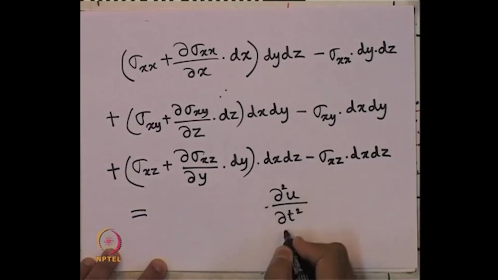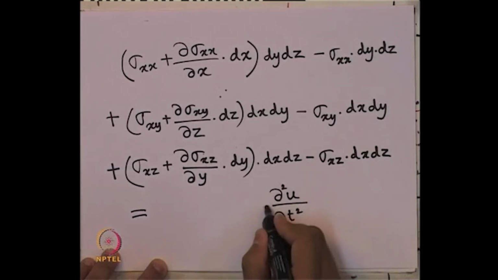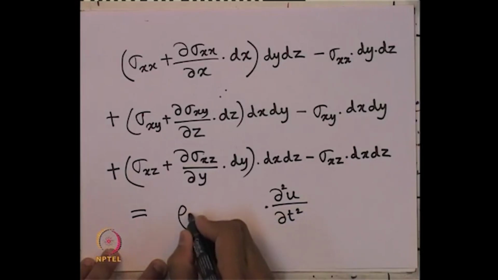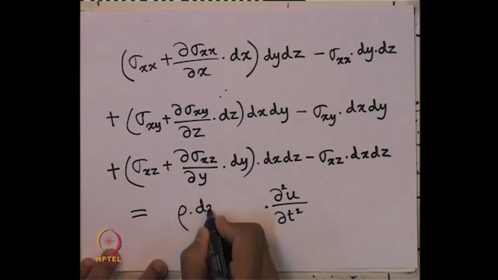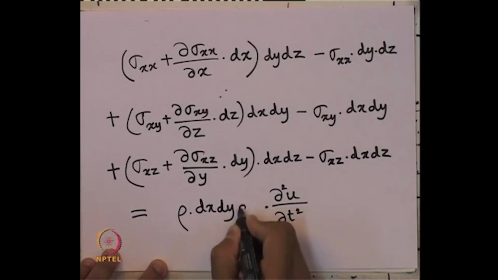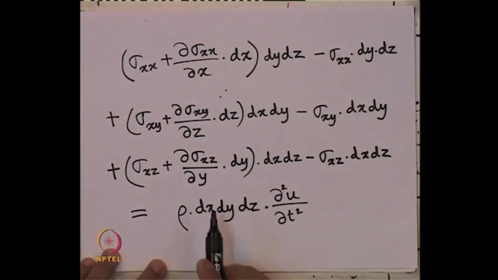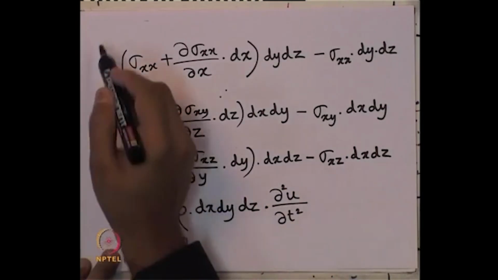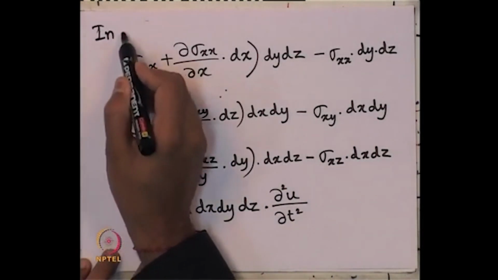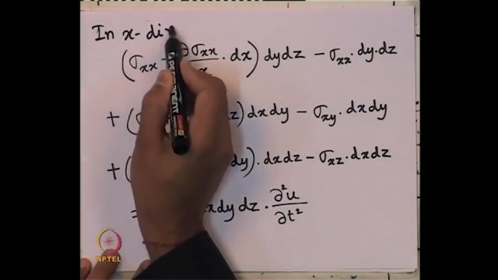So, del squared u over del t squared is the acceleration, and what is the mass? Mass is density times the volume. What is the volume of that element? dx, dy and dz. So, inertia has to balance that difference in stresses at two faces of the element in x direction. So, this is the derivation for x direction only.